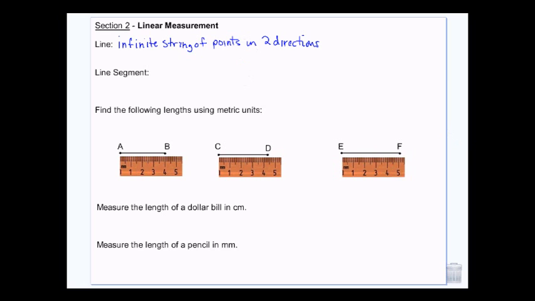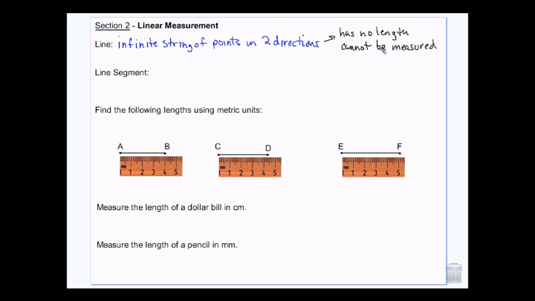Because it's infinite, it has no length. We can't measure infinity, so we cannot measure lines.